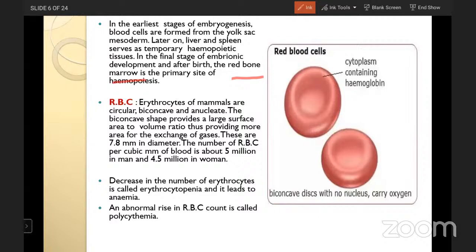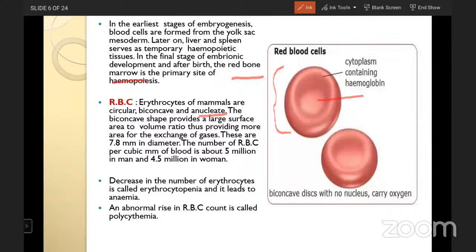The RBCs, erythrocytes of mammals, are circular in shape. How do they look? Circular in shape, biconcave. So here you are able to see a pit-like structure, that is biconcave, and anucleate means without having the nucleus.